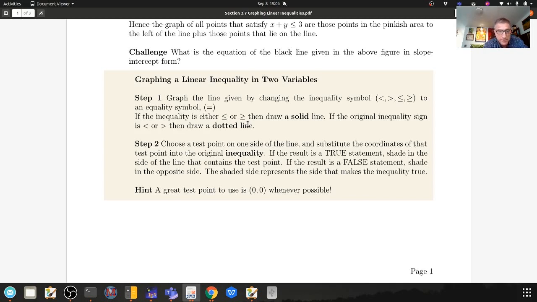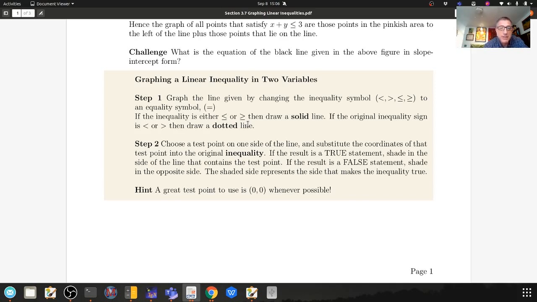Step 2: that line is going to divide the coordinate plane into 2 parts. So we have to decide which side, which points, satisfy the inequality. Remember, a point is given by values x and y, and these are linear inequalities in the variables x and y.